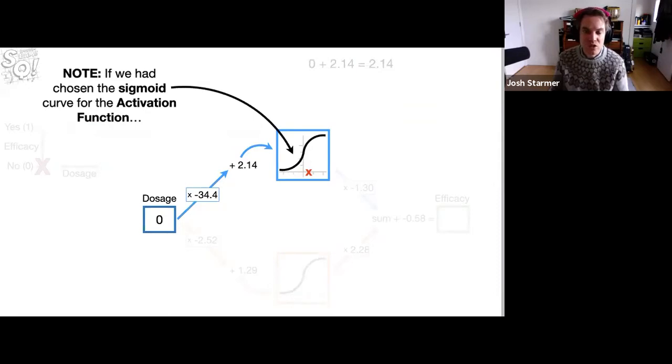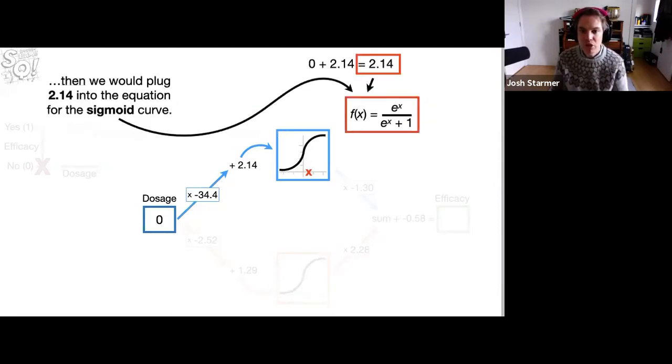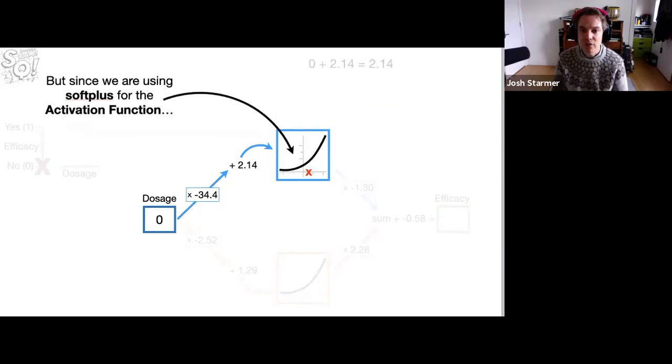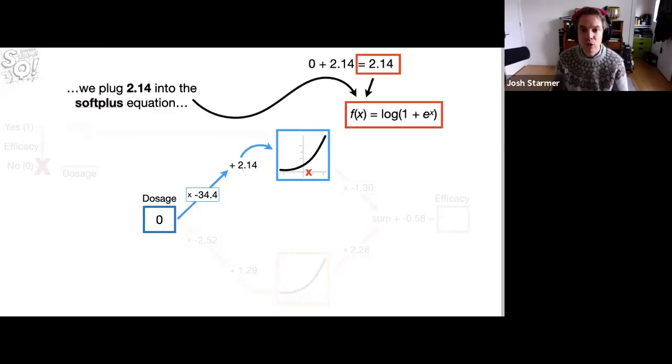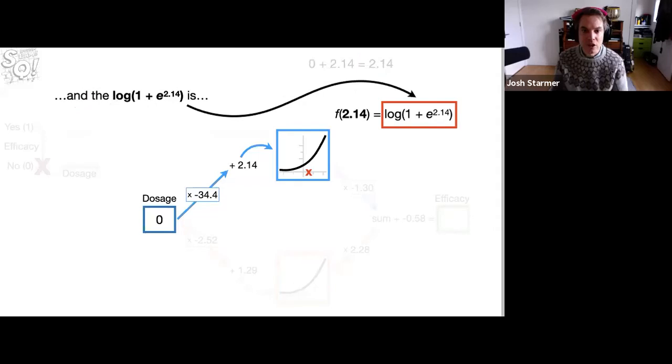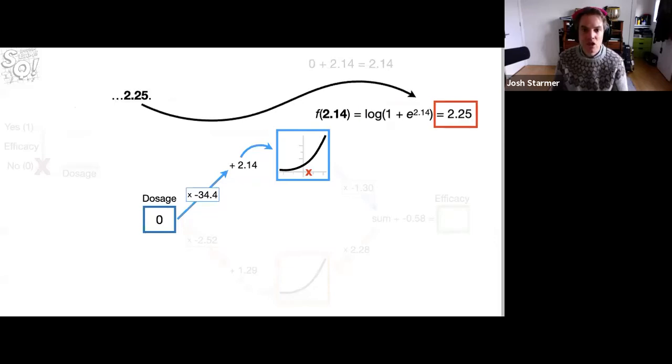Note, if we had chosen the sigmoid curve for the activation function, then we would plug 2.14 into the equation for the sigmoid curve. But since we are using softplus for the activation function, we plug 2.14 into the softplus equation. And the log of 1 plus e raised to the 2.14 power is 2.25.